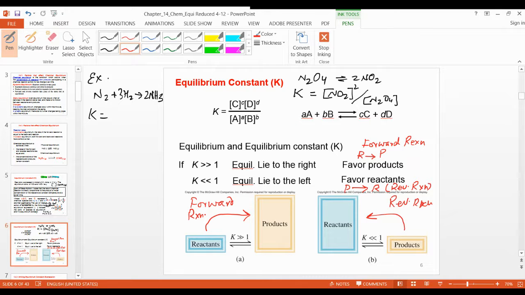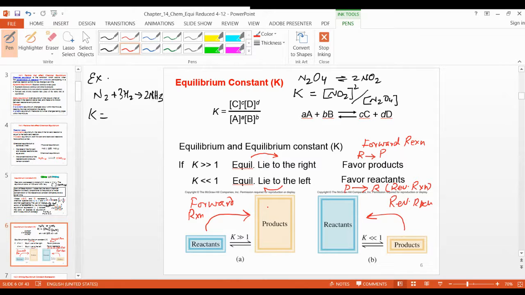Is this difference clear to you? If K is greater than 1, equilibrium lies, meaning equilibrium shifts to the right. Equilibrium shifts to the right, equilibrium shifts to the left, like this. What does it mean that equilibrium shifts? It means the reaction starts and slowly the reactant changes to product until the equilibrium is set up.